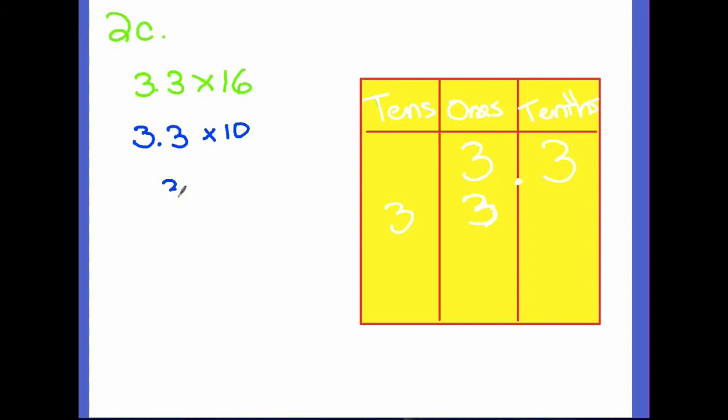Now I have the number 33 times 16. First, we do 6 times 3, and it equals 18. And since it has 1 in the tens place, we put 1 on top of the 3. 6 times 3 plus 1 would equal 19.